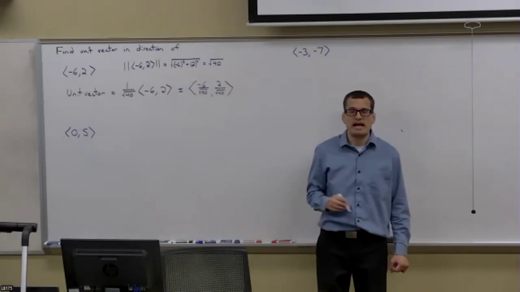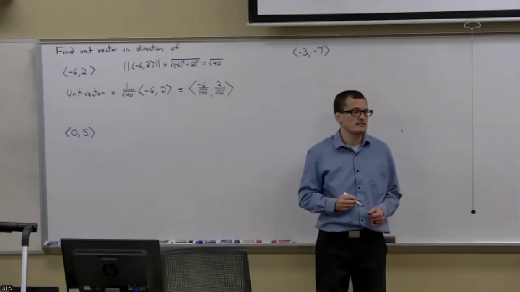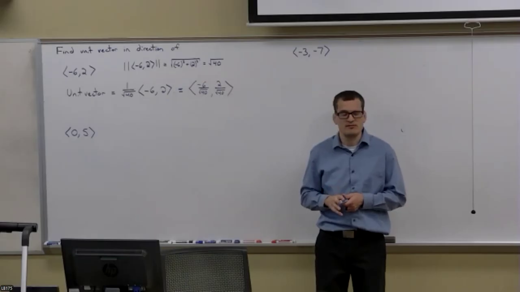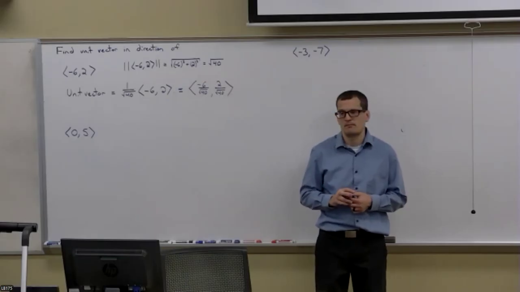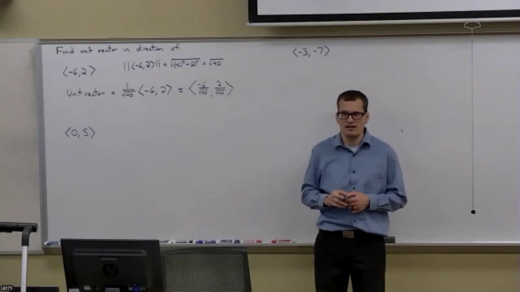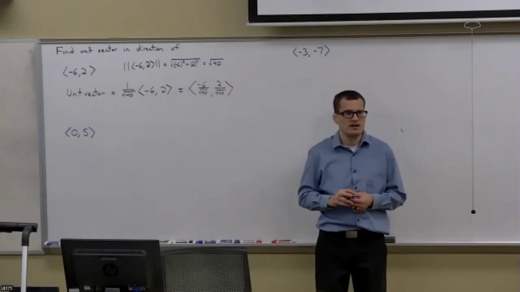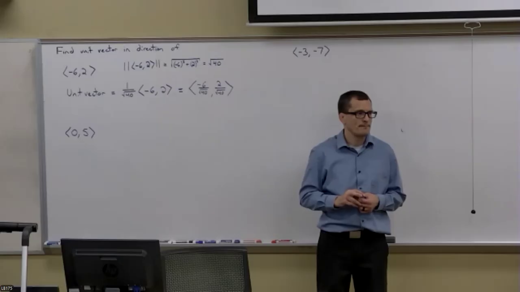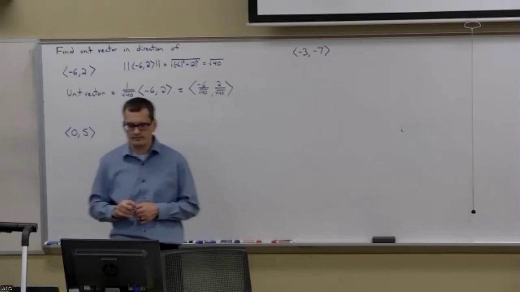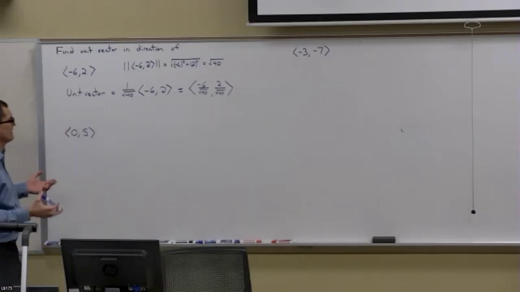You may be asked for decimal versions of that, so you just type that in your calculator. This can simplify if you want. I'm not going to simplify right now. It does simplify a little bit. But that's it, done.